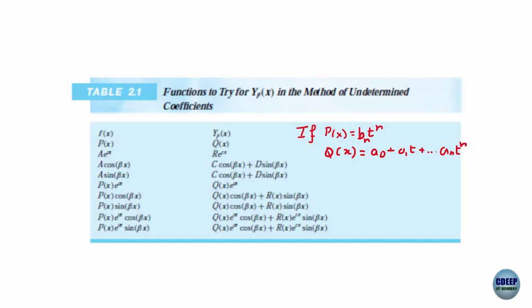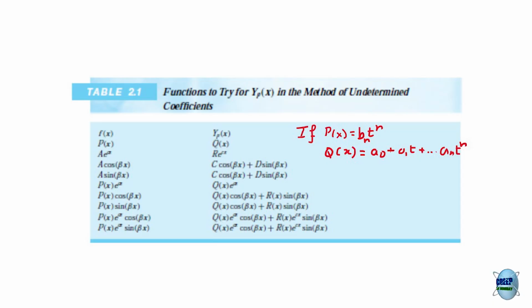If the function on the right hand side is on the left hand side of that table, then you use the suggestion given on the right hand side of that table. That's the so-called method of undetermined coefficients.